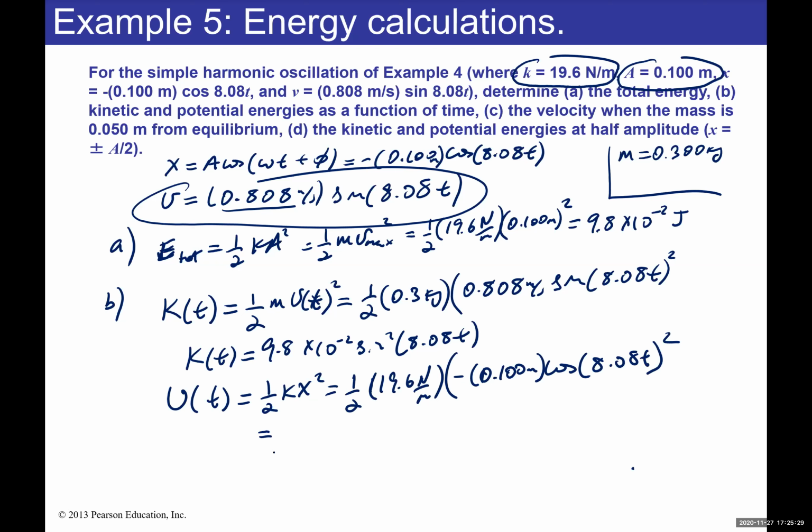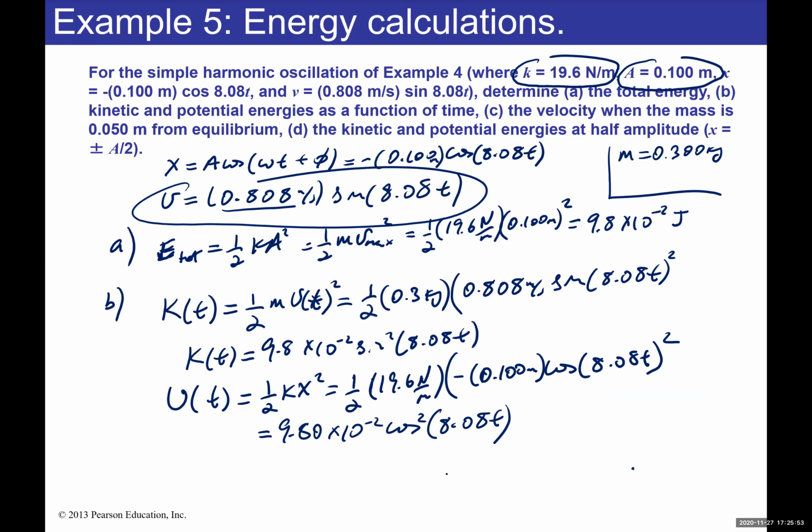So this is going to be equal to 9.80 times 10 to the negative 2, then cosine squared 8.08 t. And that's what we have for the potential energy as a function of time.